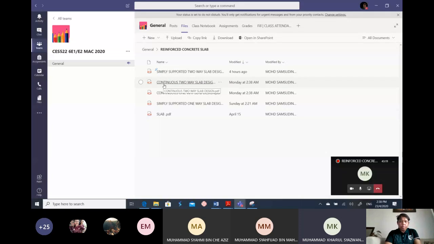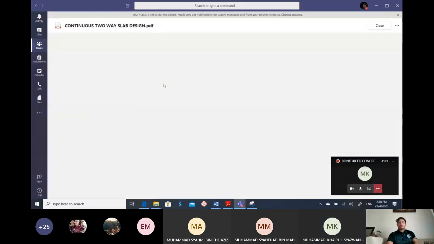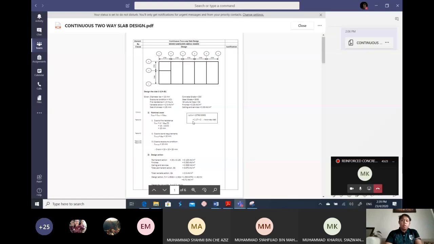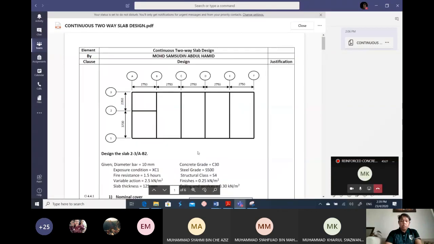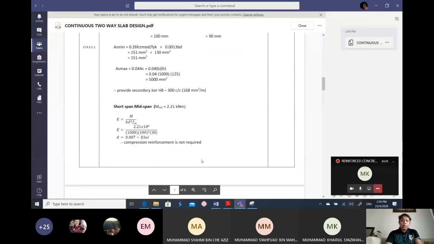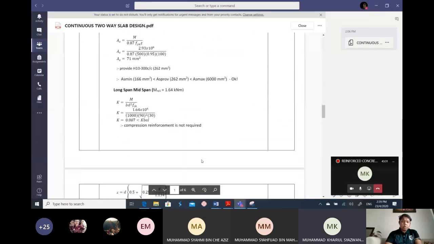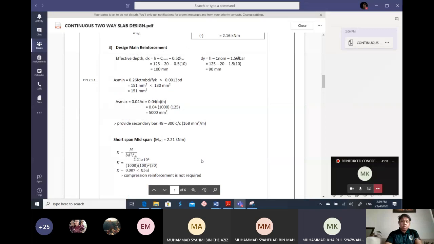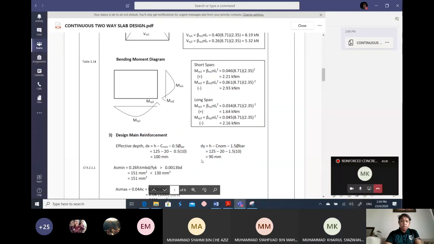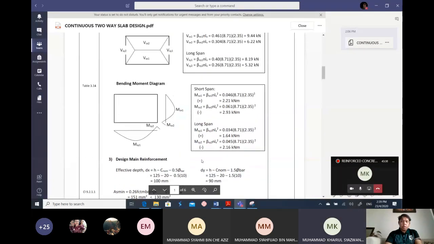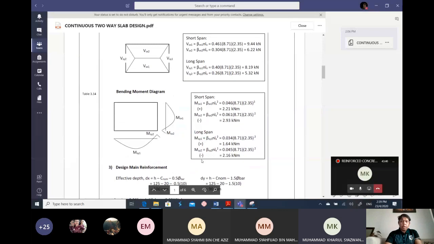Continuous two-way slab design. Yang mana tadi? Kalau continuous edge, kita consider beta VX 1 ke atau 2?